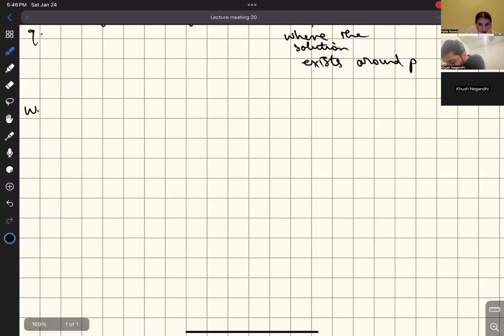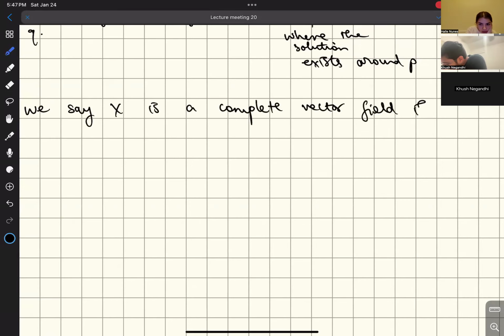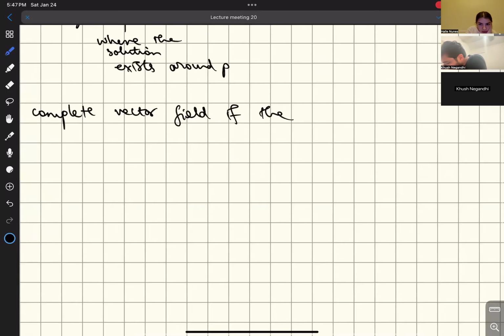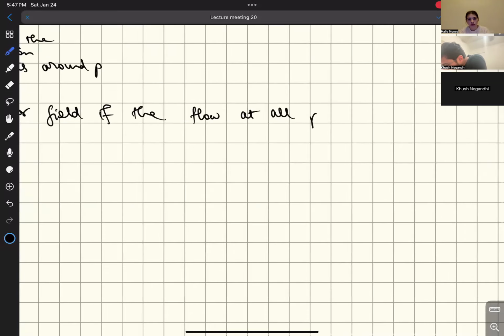So we say X is a complete vector field if the flow at all points exists for all time.